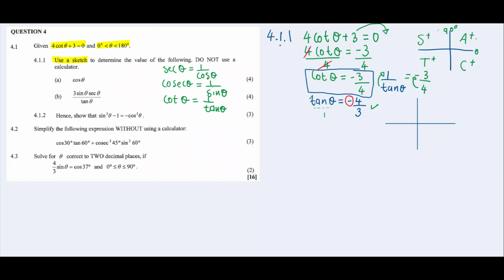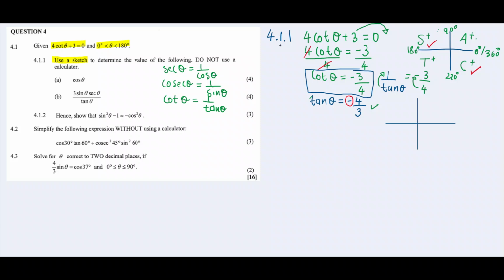So if you take a look at this here, this is going to be 90 degrees, and this is 0 degrees, and this is 180 degrees, right? So this is 270 degrees and 360 degrees, right? So let's look at where tan is negative and tick the quadrants where tan is negative. So where is tan negative? So tan is negative on this quadrant and that quadrant.